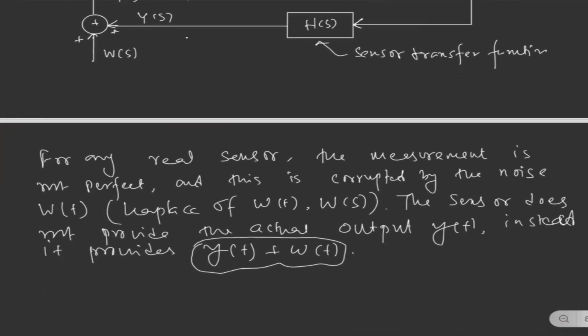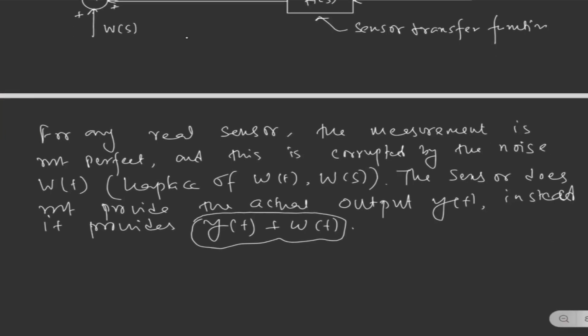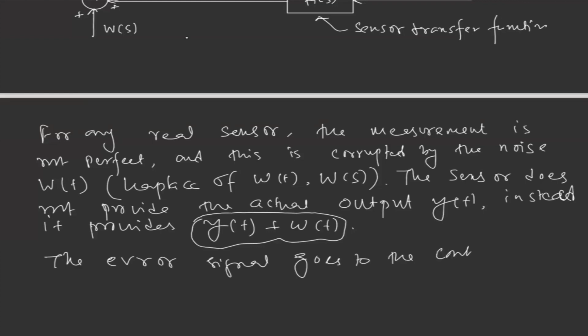So hence, the error signal goes to the controller part. We can say e(t) equals r(t) minus (y(t) plus w(t)).